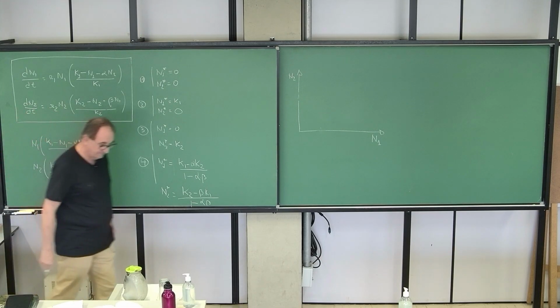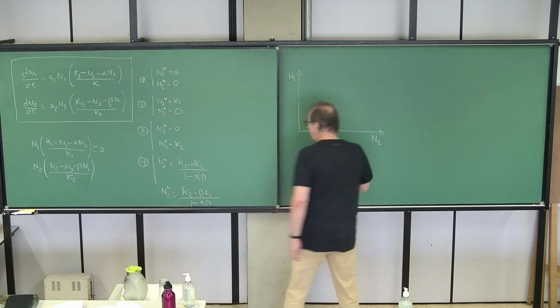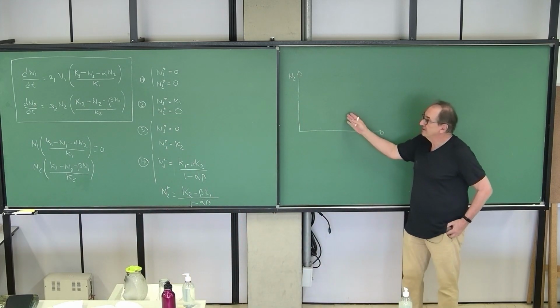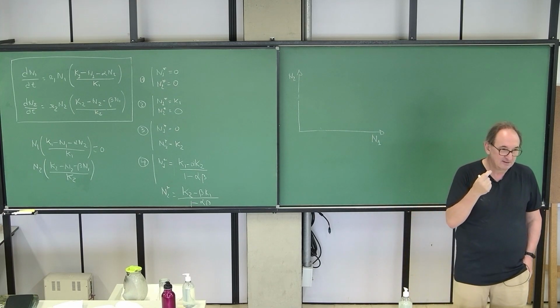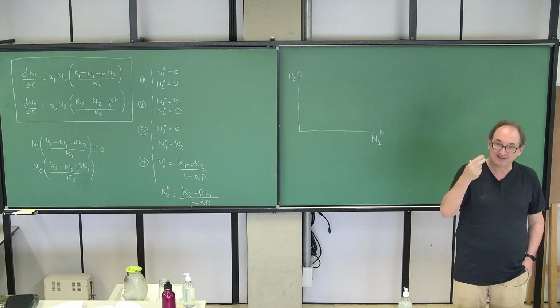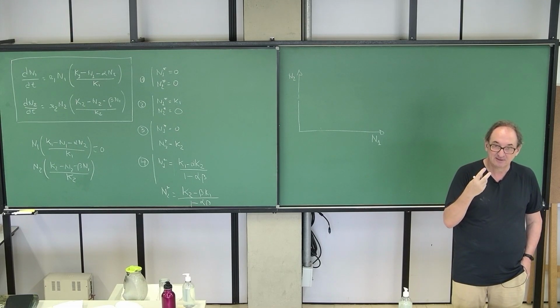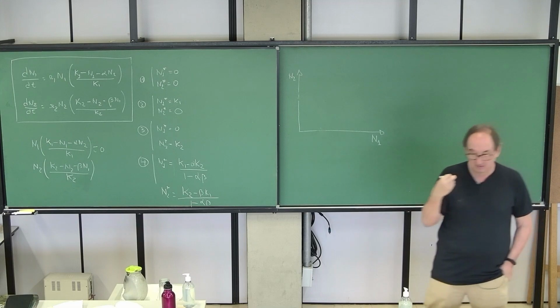Now, we want to draw here the points where dN1/dt is constant, and the points where dN2/dt is constant.